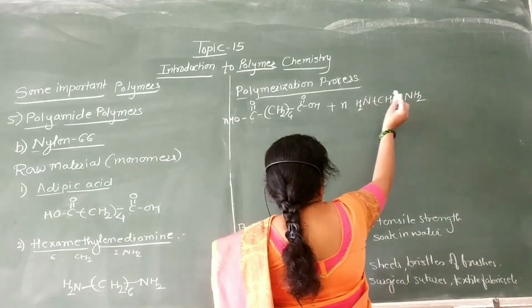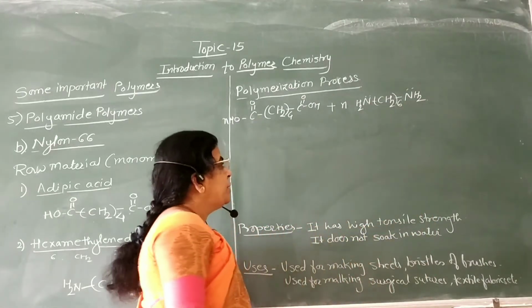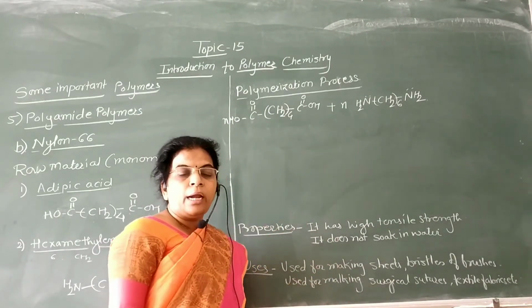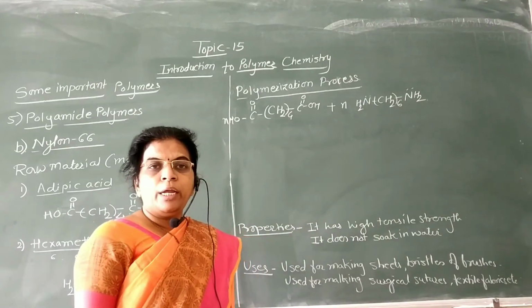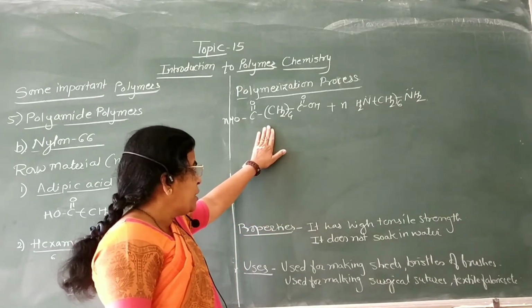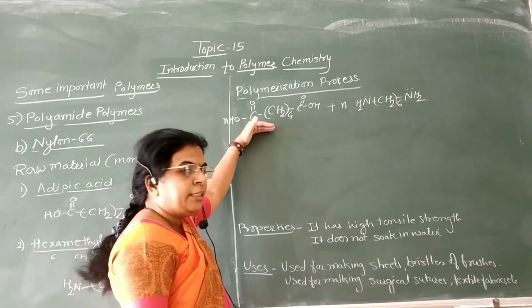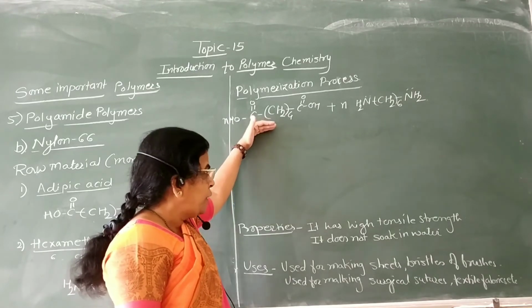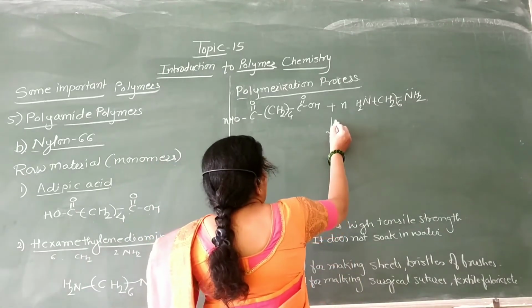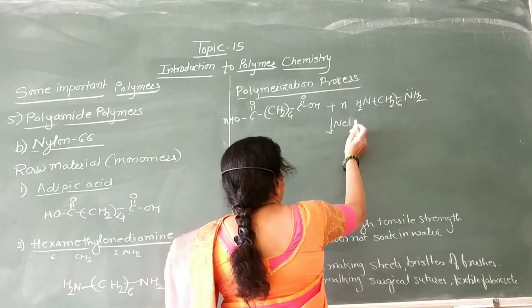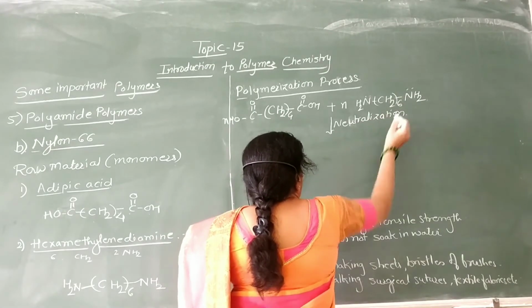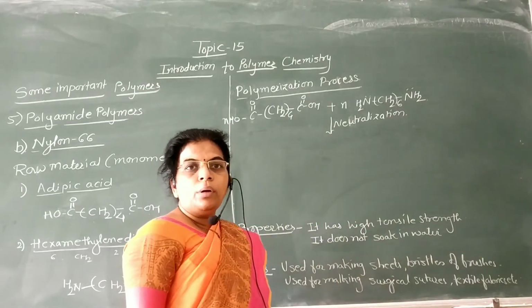This hexamethylene diamine possesses NH2 groups which are basic in nature, because the nitrogen atom possesses a lone pair of electrons and therefore it is an electron pair donor, a Lewis base. And adipic acid is a carboxylic acid, and therefore an acid-base reaction takes place, that is, neutralization is carried out to form a salt.